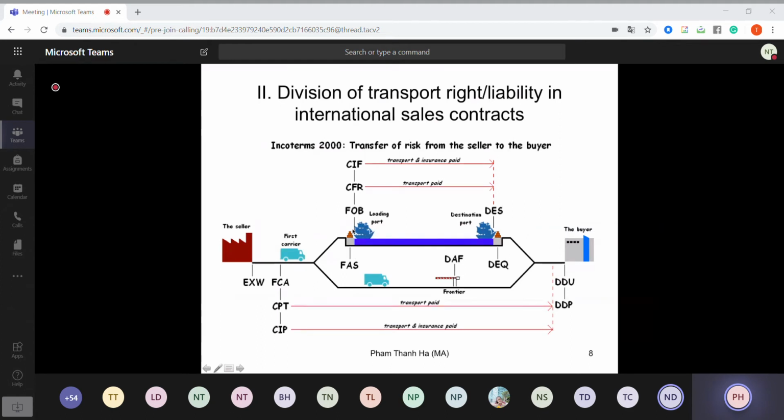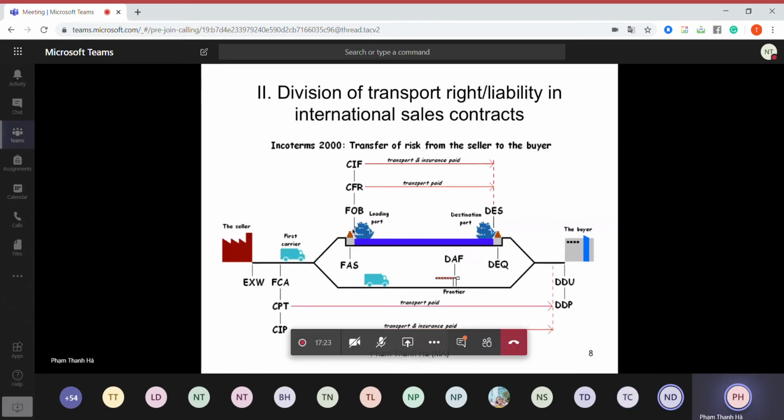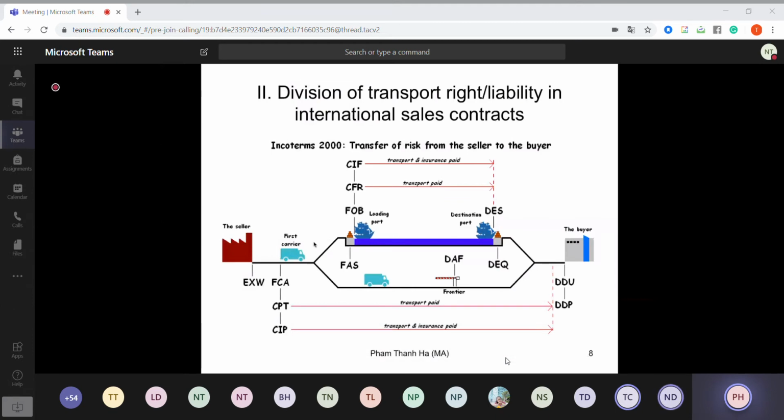It means at the point that the goods have been loaded on board of the vessels, all of the risks related to the goods have been transferred from the seller to the buyer, and similarly for the cost.